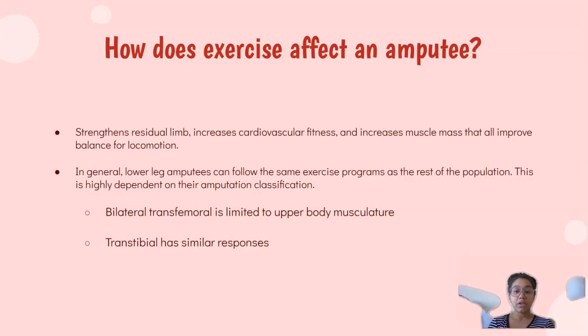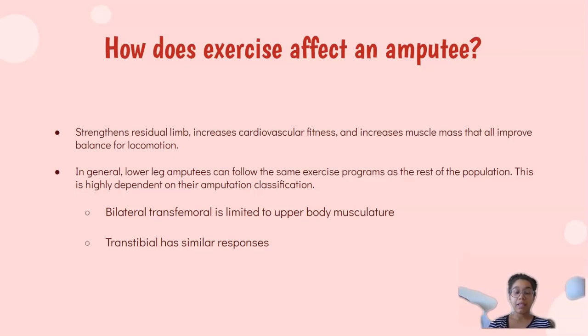So there's always room for accommodations when following an exercise program, but a bilateral transfemoral amputation is limited to upper body musculature. Having a transfemoral amputation across both femurs leaves you bound to a wheelchair most of the time, and there are not many exercises that an amputee can do with very little lower leg muscle mass.